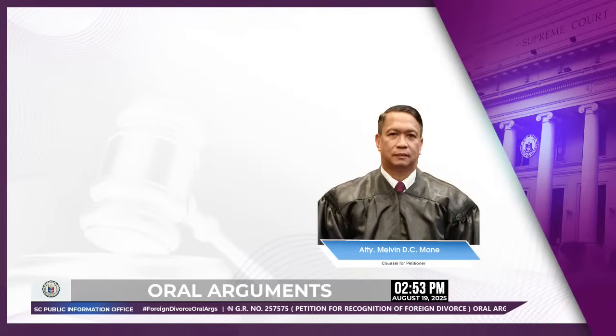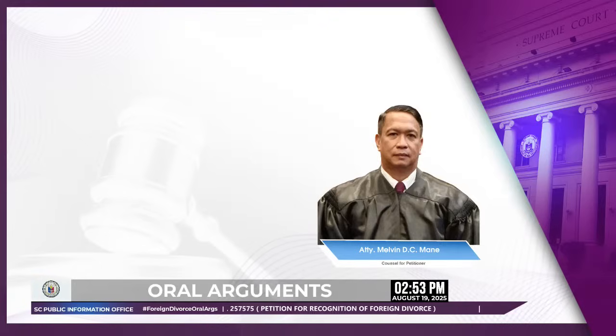Finally, to deny recognition on the sole basis of petitioner's citizenship at the time of divorce elevates form over substance and undermines the principle of equal protection of laws and flexibility of legal system that responds to contemporary global realities.